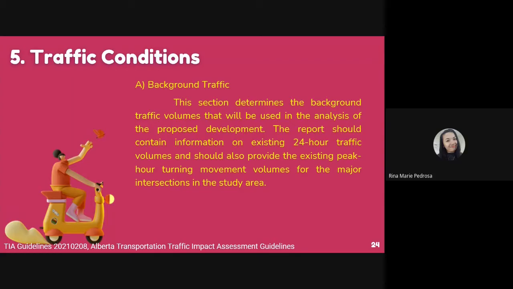For example, restaurants' peak hour happens around mealtime, school peak hour at morning drop-off and afternoon departure times, something like that. So the highest traffic volumes for a given maneuver at a major intersection may be higher during a period that is not peak hour for the development.